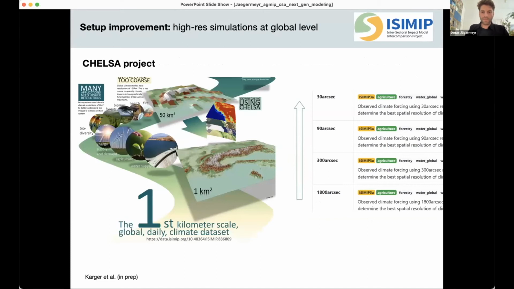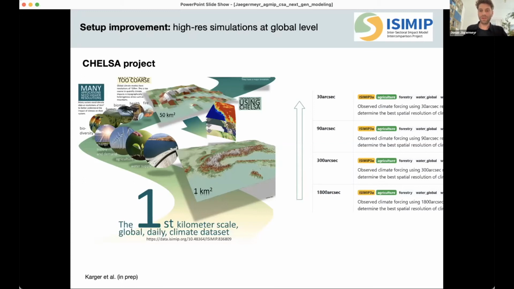Now, another way to improve our modeling setup is the spatial resolution, obviously. Spatial resolution is linked to data availability. In AgMIP, we're currently carrying out a project, CHELSA, where we systematically evaluate going across scales at global level.